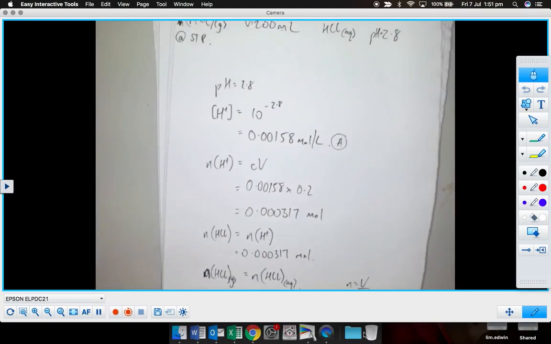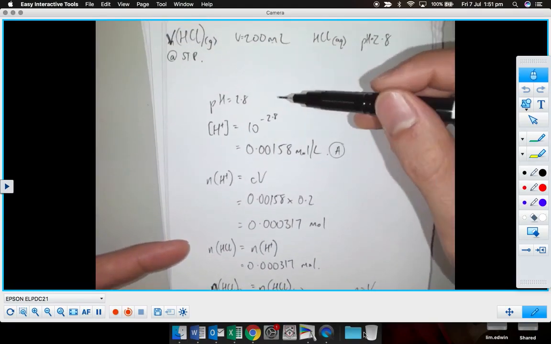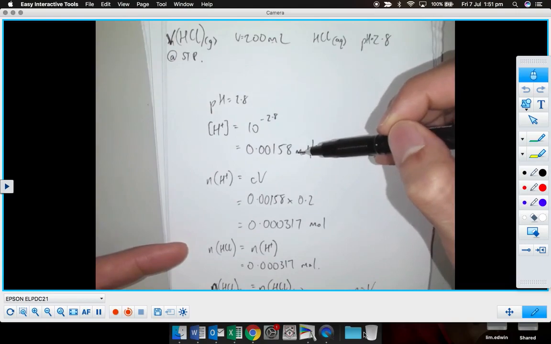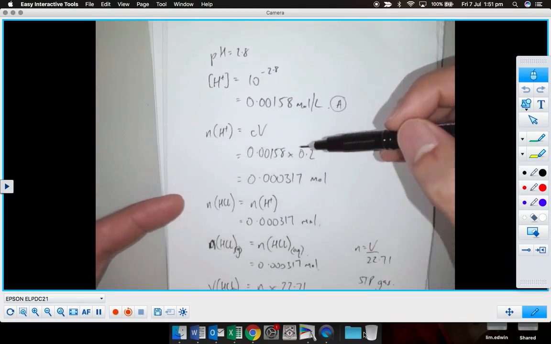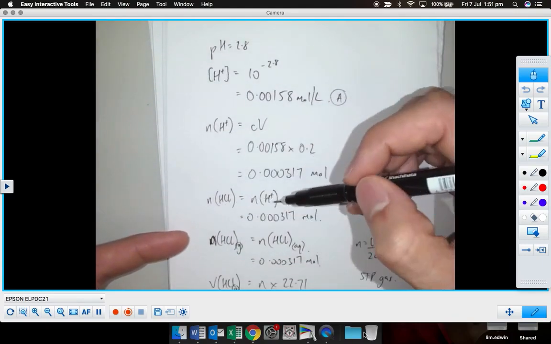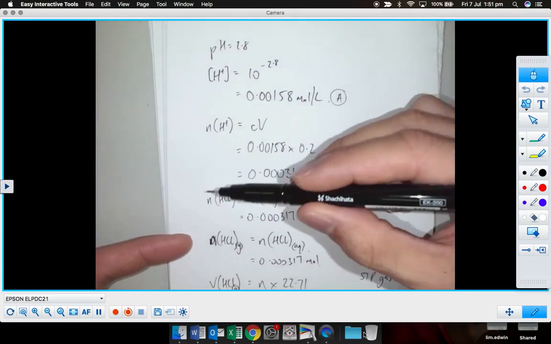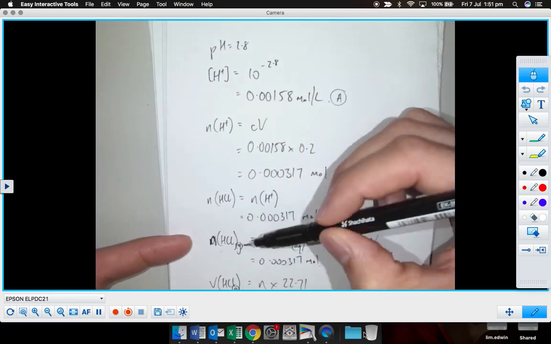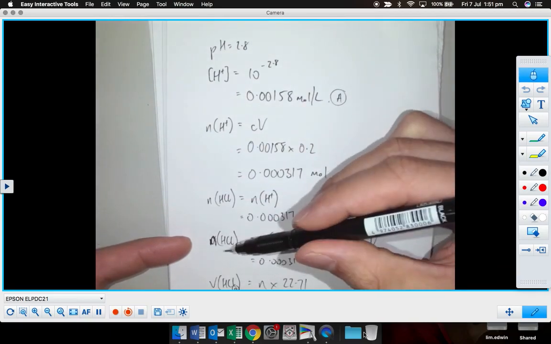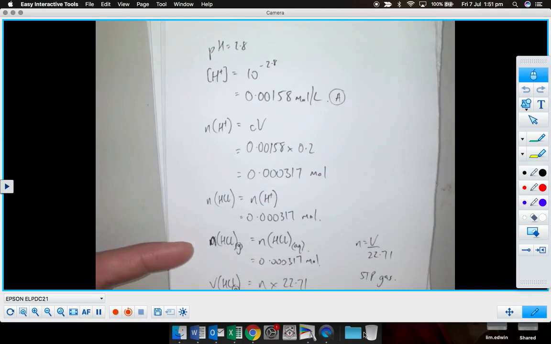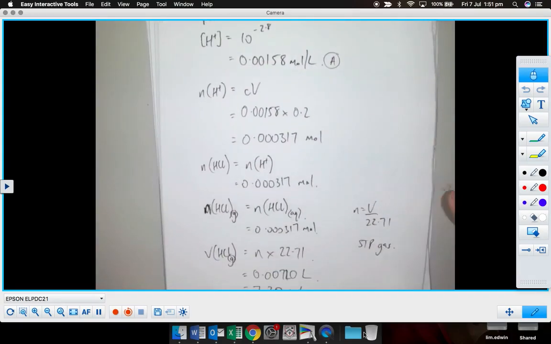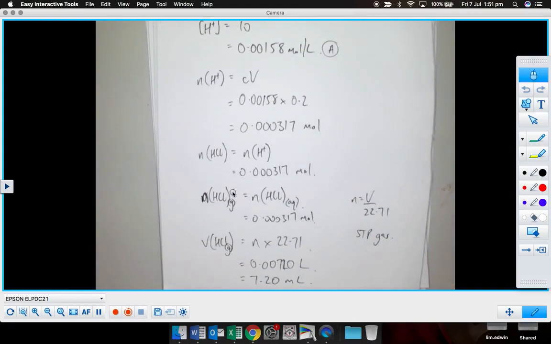You start off with the pH, you work out the concentration, work out the number of moles, make sure that you're showing that you understand the link between the number of moles of H plus and the number of moles of the actual substance making the H plus, and then again the link between the aqueous and the gas, and then the volume to work out the volume of gas needed. Alright? So, let's go on to the next question.